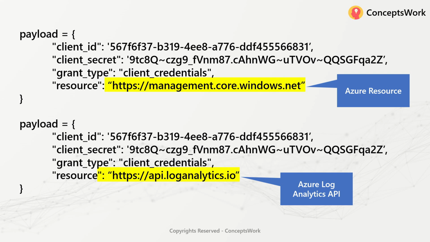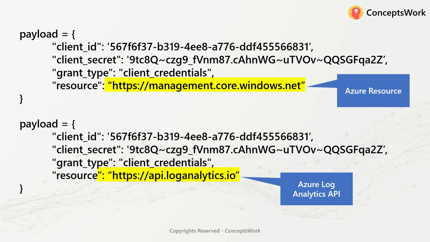So that's the reason why we have always used management.core.windows.net. However, when it comes to log extraction, the resource type should be https://api.loganalytics.io. This is the actual change which should exist.